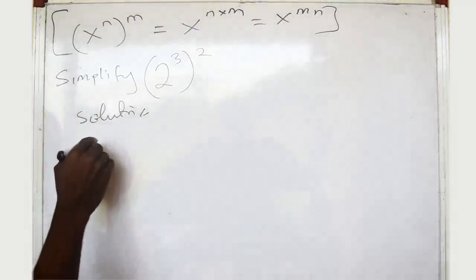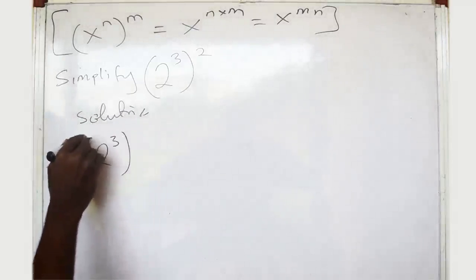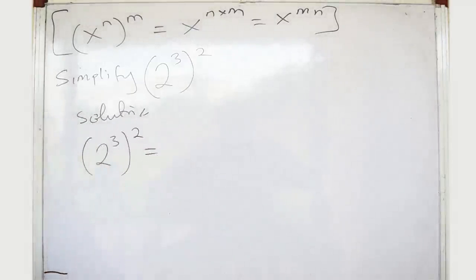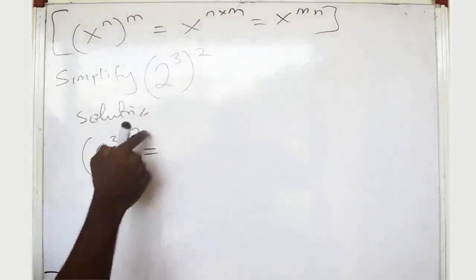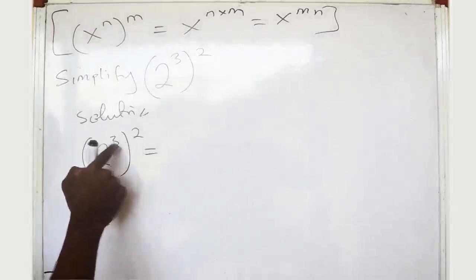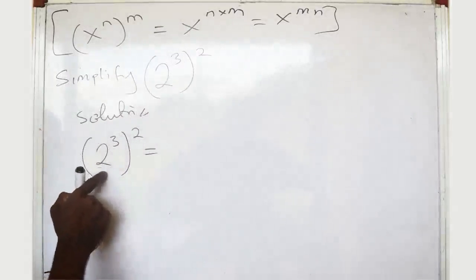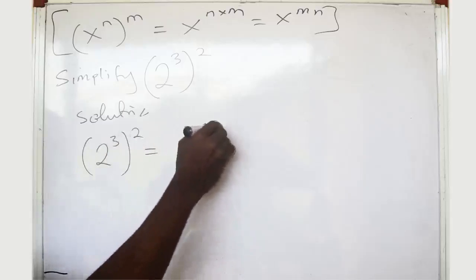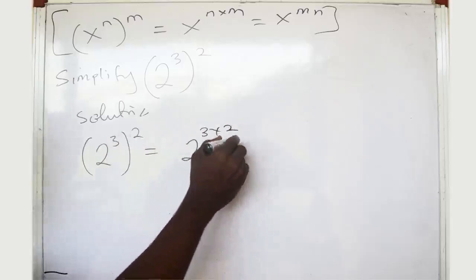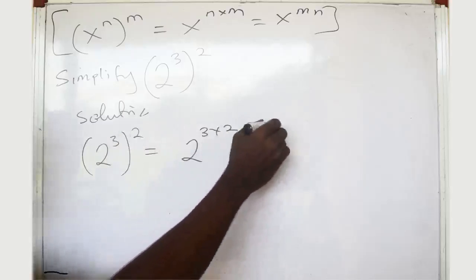Let me bring down the question: 2 raised to the power 3, all raised to the power 2. Using this technique, my interest will be to multiply the powers. The power is not 2, rather the power is 3. It will be 3 times what? 2. 2 raised to the power 3 times 2. 3 times 2 is 6.